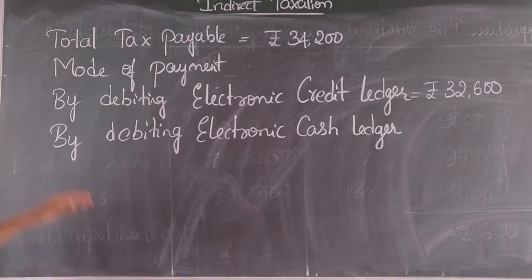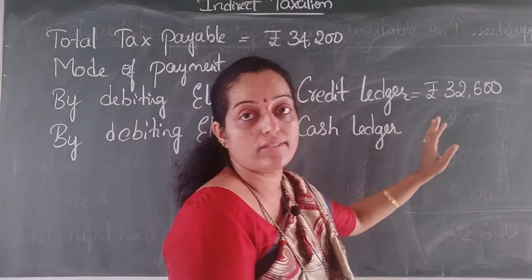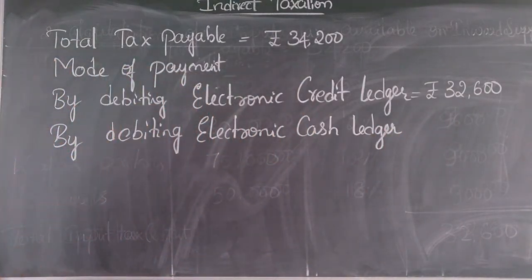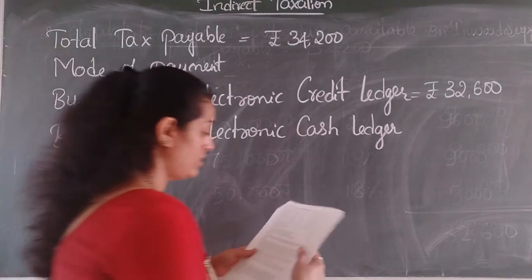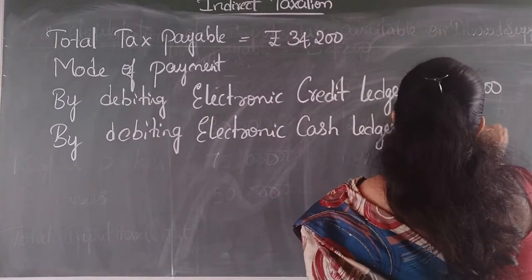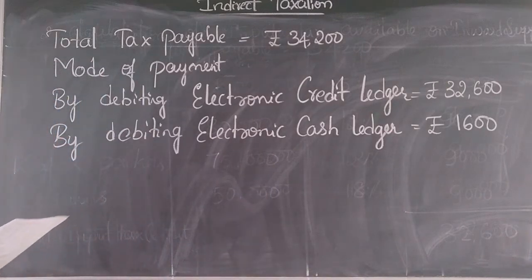How they made the payment means by debiting the electronic credit ledger as 32,600 through the inward supplies. The difference, 34,200 minus 32,600, is rupees 1,600, debited through the electronic cash ledger.